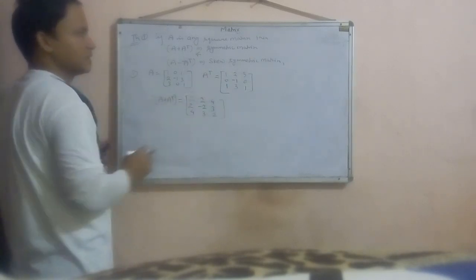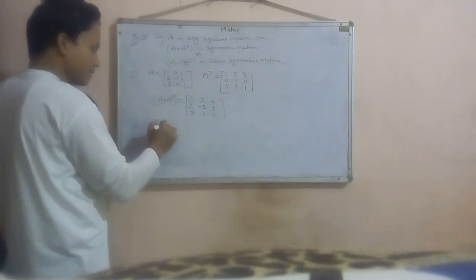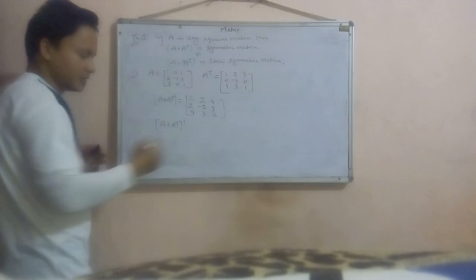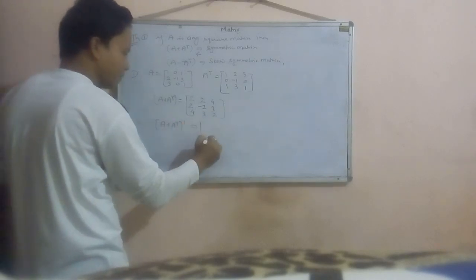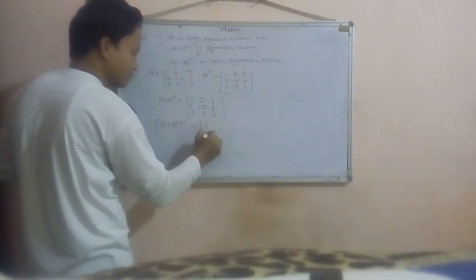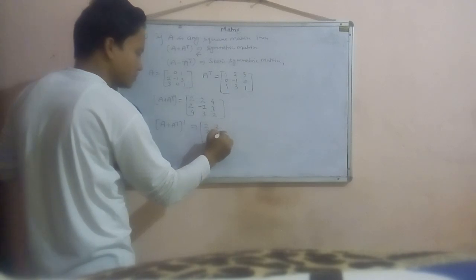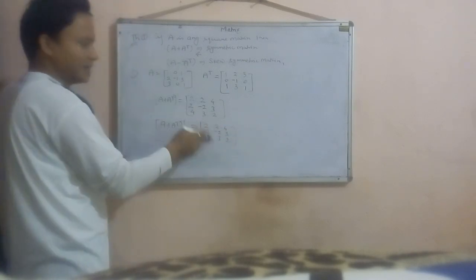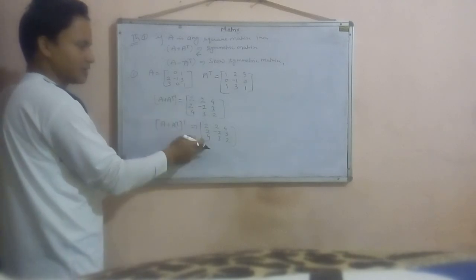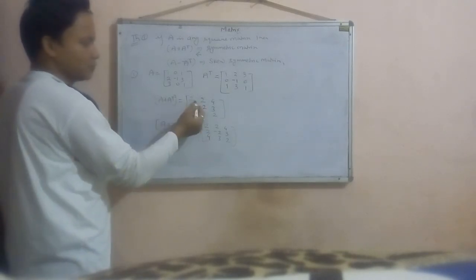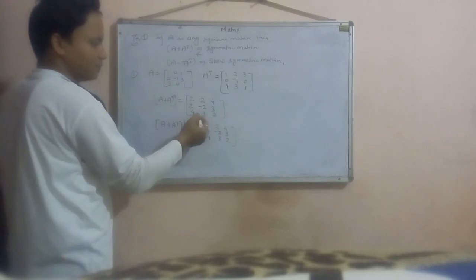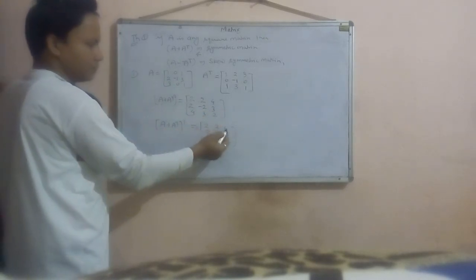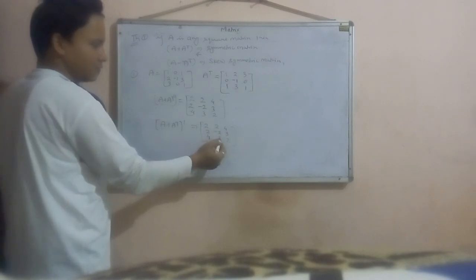This will always be symmetric. How can we check it? Take A plus A transpose whole transpose. On taking the transpose, we get 2, 2, 4, 2, minus 2, 3, 4, 3, 2. Now compare both the matrices. A plus A transpose is 2, 2, 4, 2, minus 2, 3, 4, 3, 2, and A plus A transpose whole transpose is 2, 2, 4, 2, minus 2, 3, 4, 3, 2.